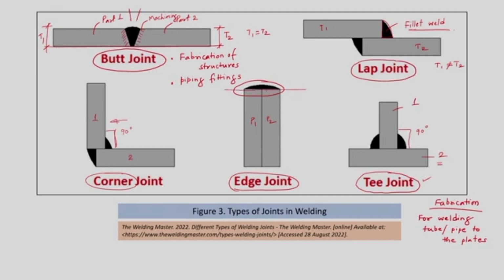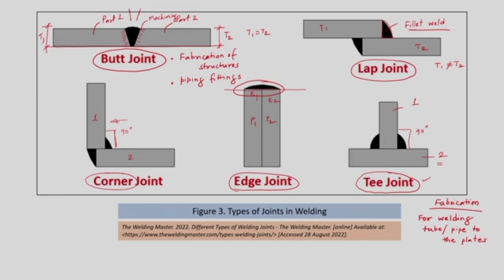So edge number 1 of part number 1 and edge number 2 of part number 2 are aligned in the same plane, and then we apply heat energy to melt the material and let it re-solidify to have a strong joint between these two parts. So this is called the edge joint. Here whatever stresses are coming on the weld will get shared.